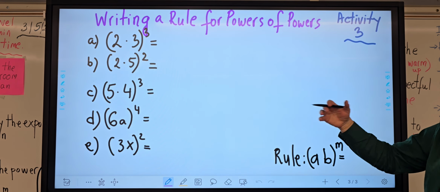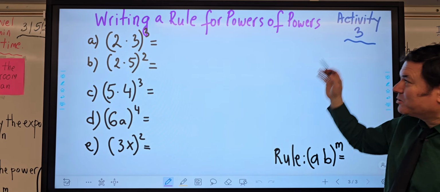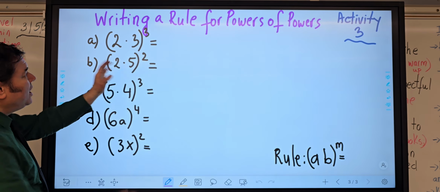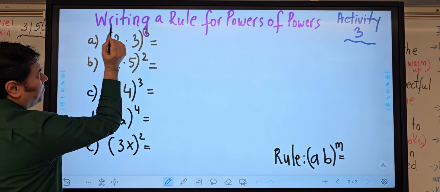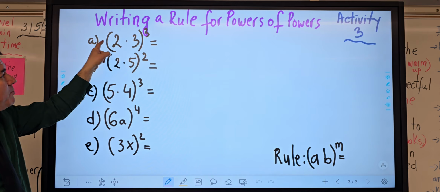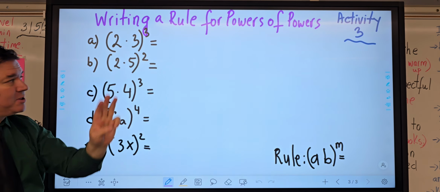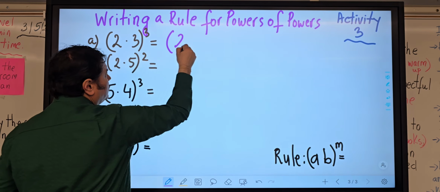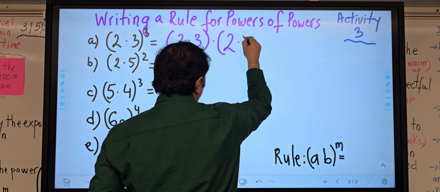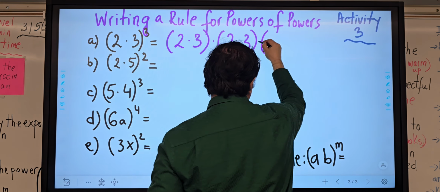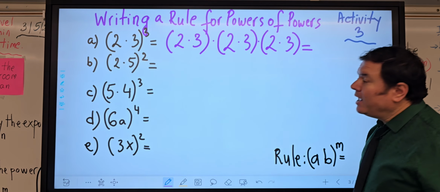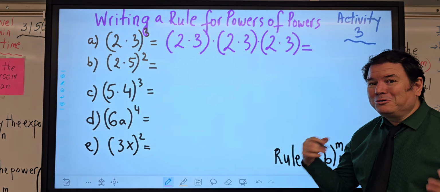Now we are going to write a rule for powers of products, right? So here we have 2 times 3 in parentheses to the power of 3. And this 3 is telling us that we need to multiply 2 times 3, 3 times. So let's multiply: 2 times 3 times 2 times 3 and then times 2 times 3. Now we are going to do the same thing.